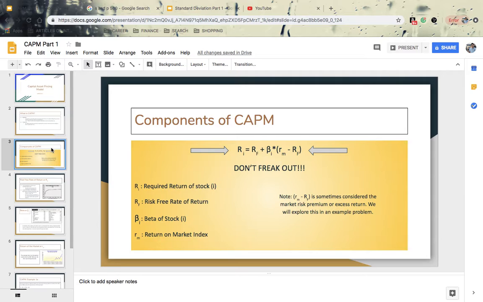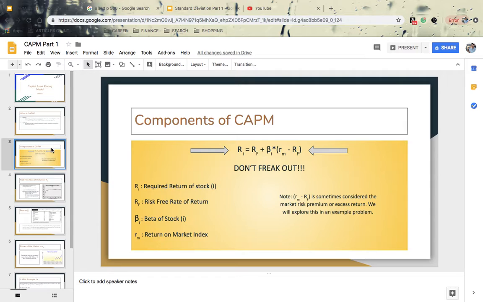Rf is the risk-free rate of return, which I will go over in the next slide. Beta of the stock is that beta symbol. That's beta i. It's the beta of the stock. And Rm, which is in the parentheses there, is the return on the market index.